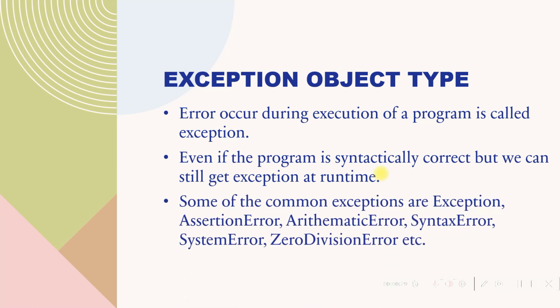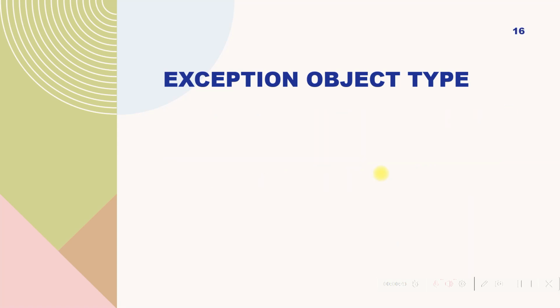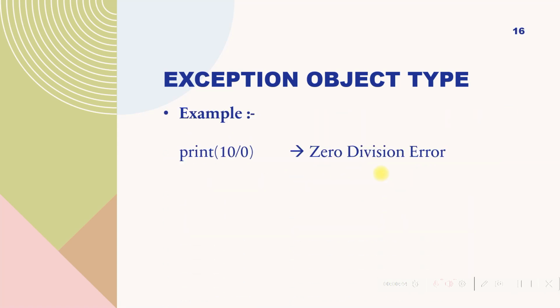So some of the common exceptions in Python are Exception, AssertionError, ArithmeticError, SyntaxError, SystemError, and ZeroDivisionError. Okay, so this is the example of the exception object type. What we are doing here is just trying to print the value 10 divided by 0. And we know that 0 cannot be used to divide any value in mathematics. So in that case, we will get the response as ZeroDivisionError.